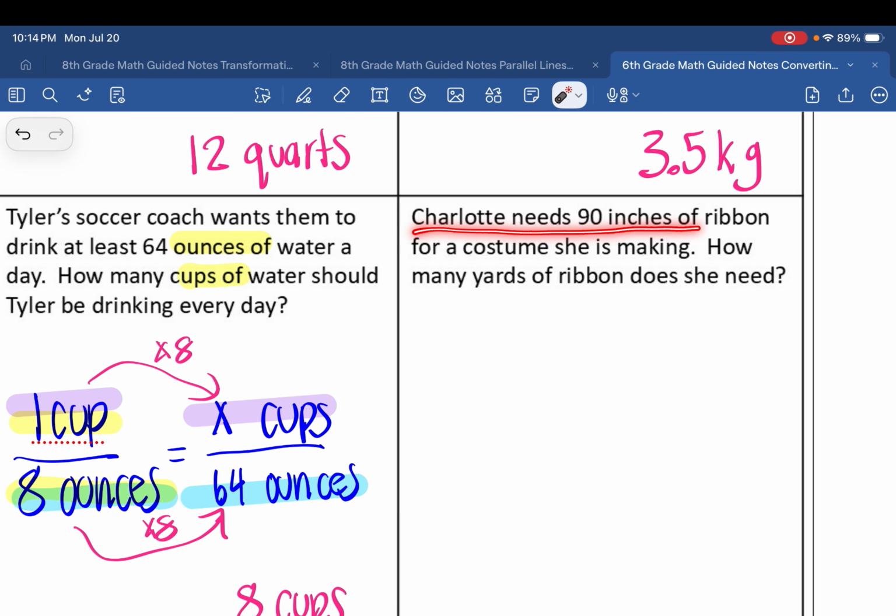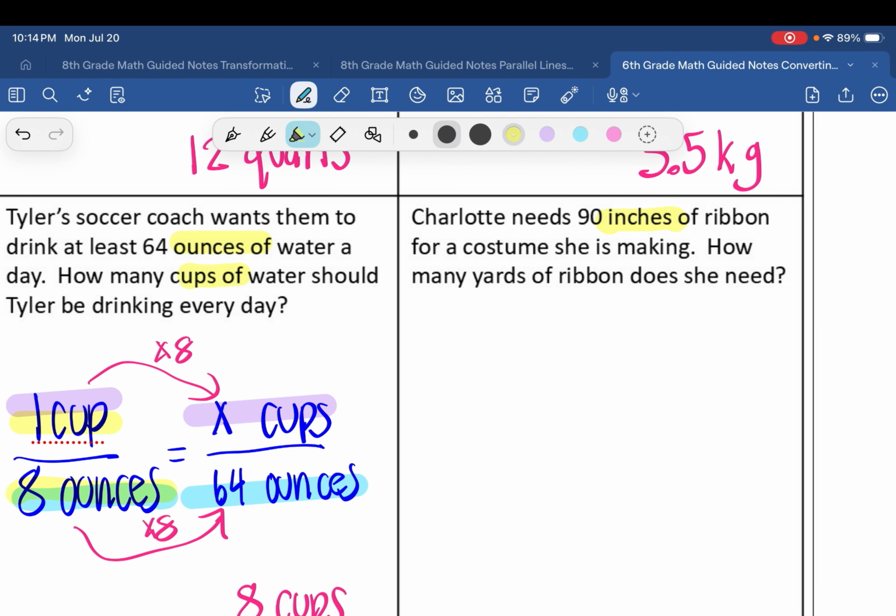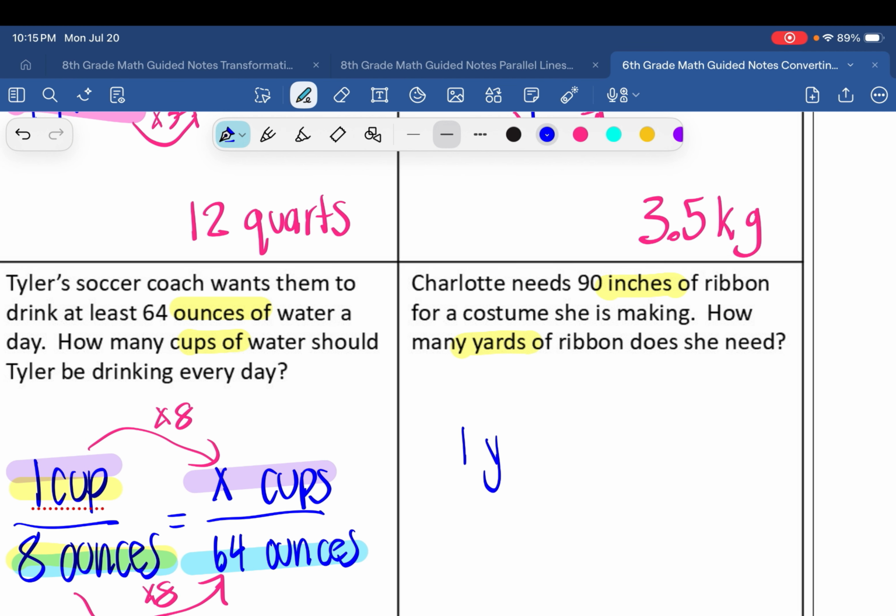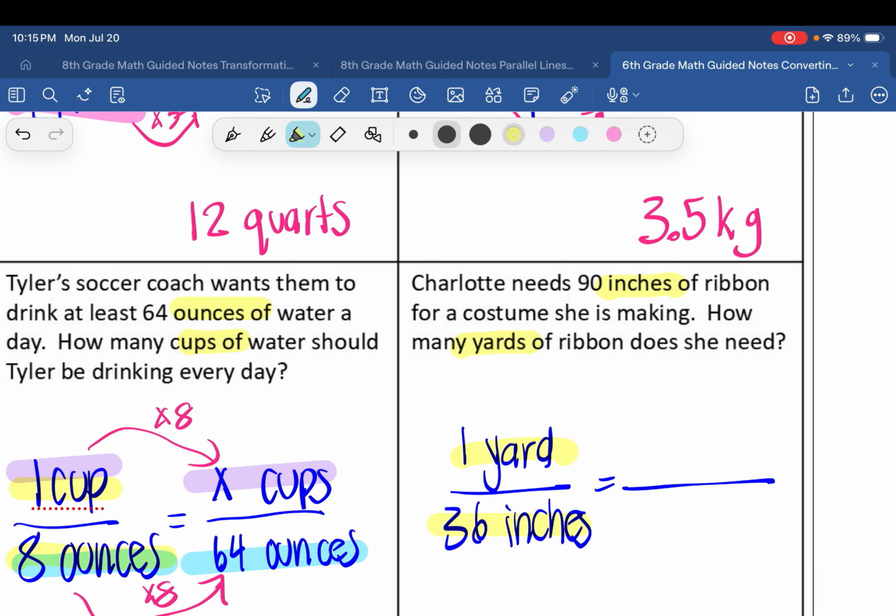Charlotte needs 90 inches of ribbon for a costume she is making. How many yards of ribbon does she need? My units will be inches and yards. 1 yard is 36 inches. It's my conversion ratio. And I put inches on the bottom, so we will keep inches on the bottom. And 36 inches will need to be 90 inches.